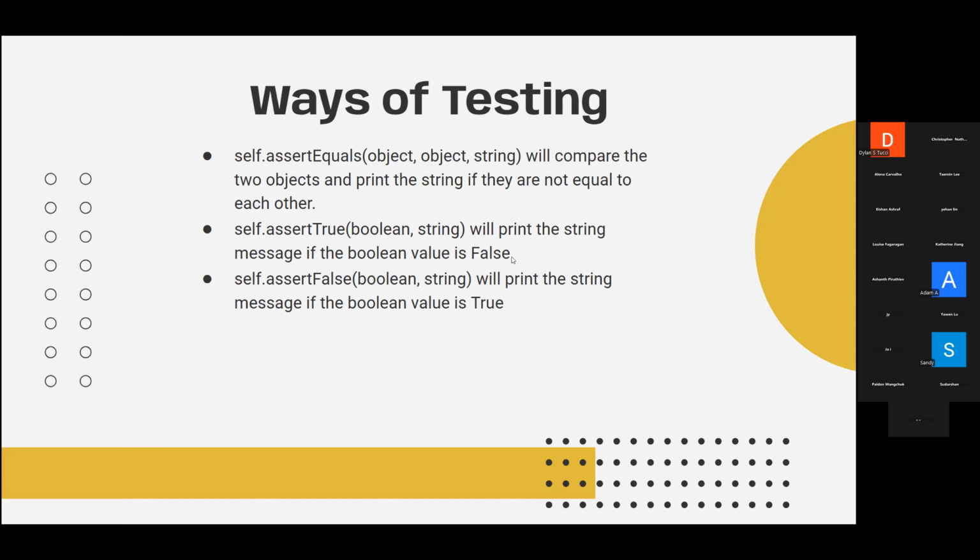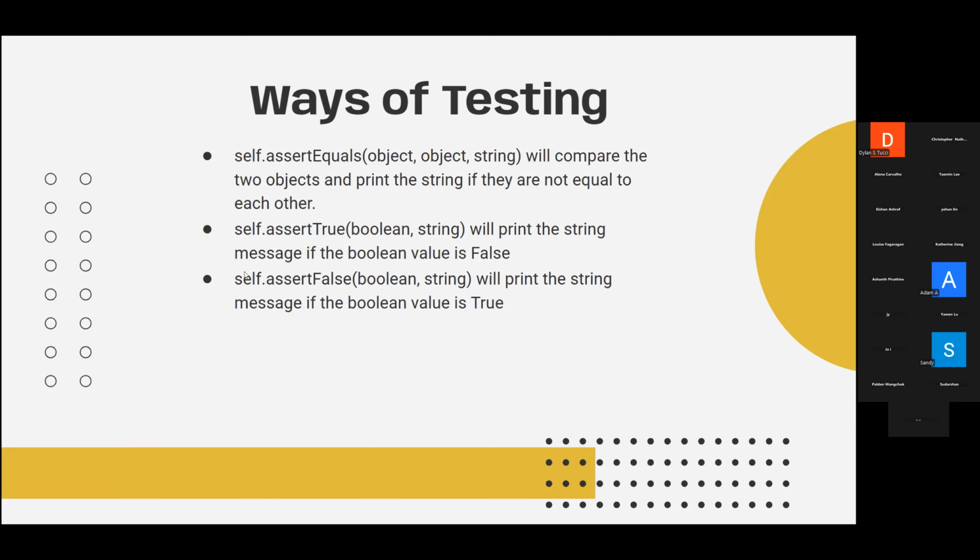Similarly for assert true, if the Boolean is not true, so if it is false, then we will print out the message that is provided here. And then in the opposite case, assert false, basically if the Boolean here is not false, so if it is true, the string will be printed because the Boolean value is true.